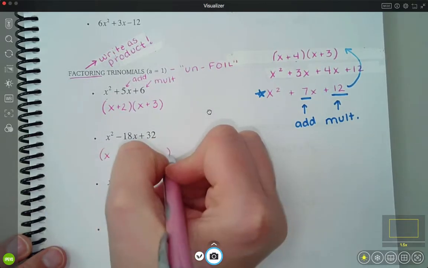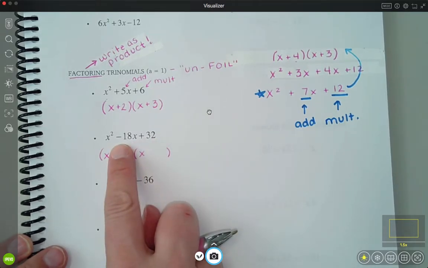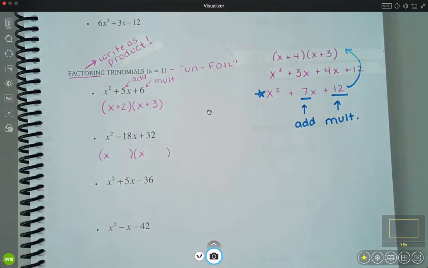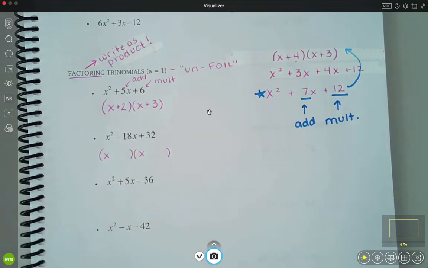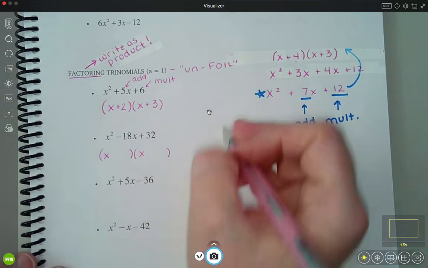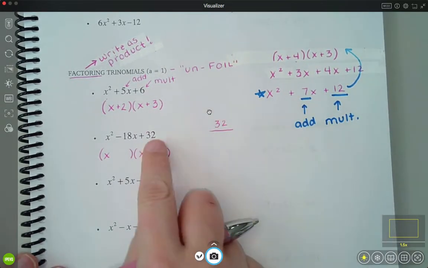Okay. I want to multiply to make 32 and add to make 18. Now, that might be a tougher one to come up with off the top of your head. We had a pretty limited number of ways to make 6, right? But for 32, there's a few more options. So anytime you're stuck on one of these, I recommend that you go off to the side and make a list of all of the ways you can multiply to make that number.